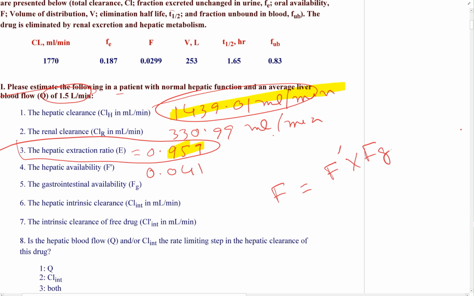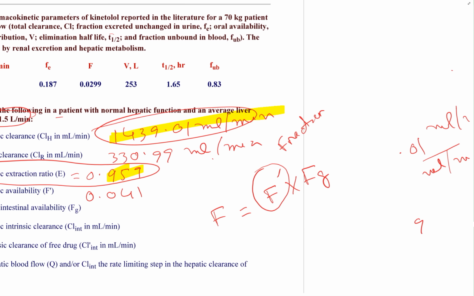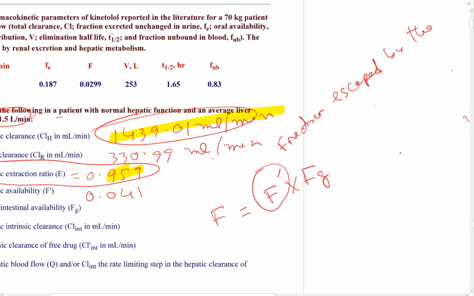Hepatic availability is the fraction escaped by the liver, and this is the fraction that escapes degradation in the GI tract.